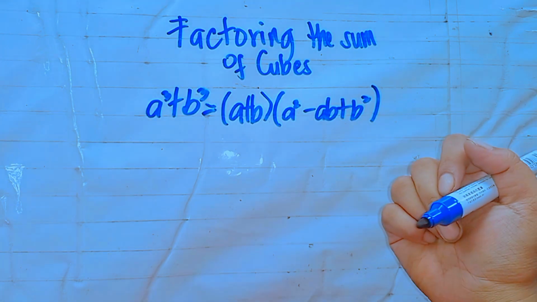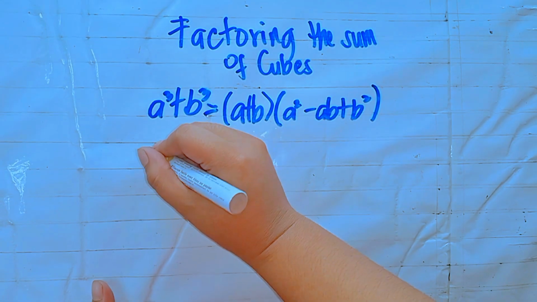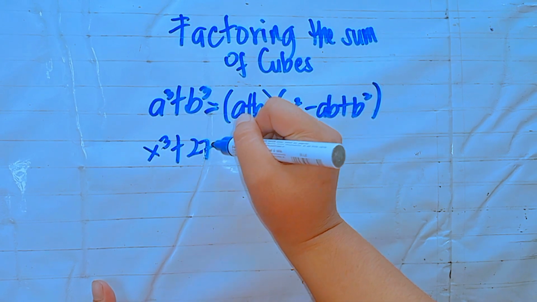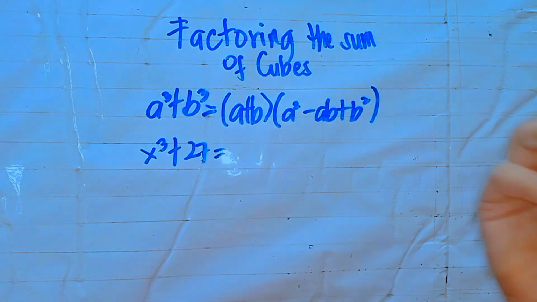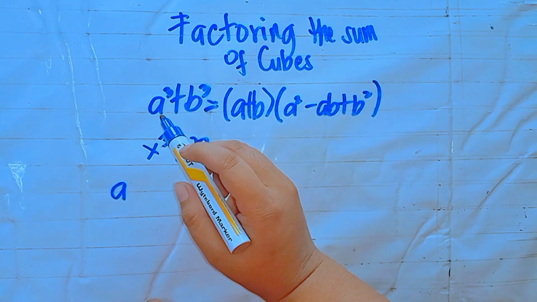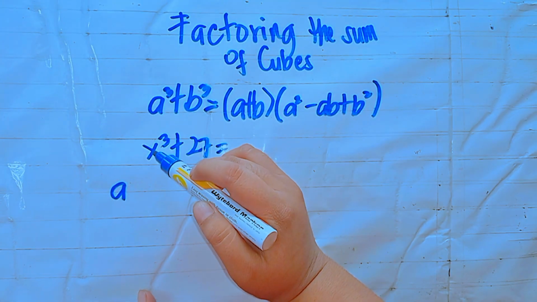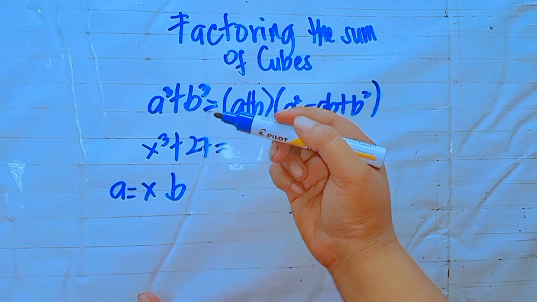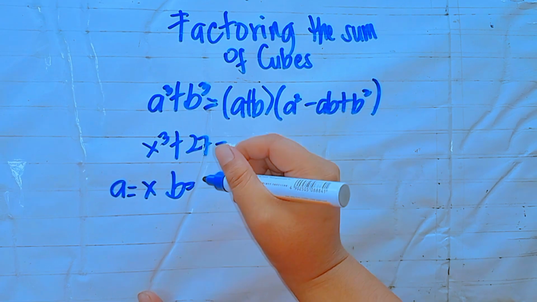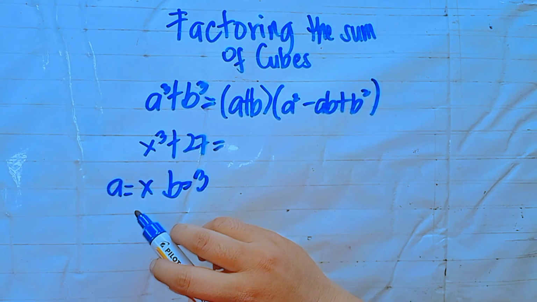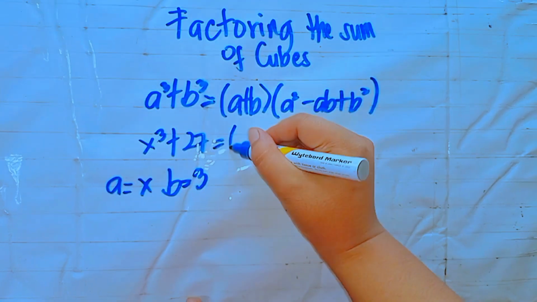Let's have this equation for example: x cubed plus 27. We have to find our a and b first. a is the cube root of x cubed, so it's equal to x. And b is the cube root of 27, so we have 3.